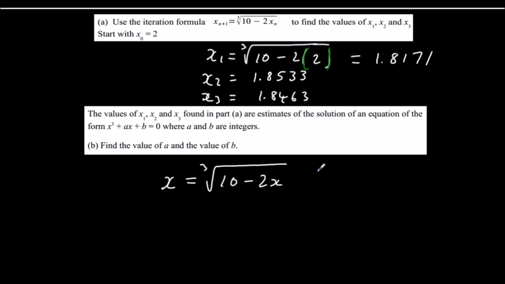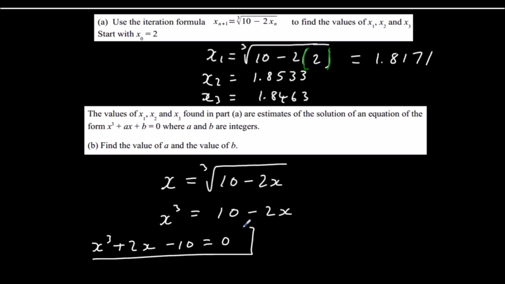Then we can just rearrange it. So to get rid of the cube root, we can cube both sides. x cubed is 10 minus 2x. And then make it equal to 0, so plus 2x and take away 10. So what's a and b? This is the equation. A is 2, and b is negative 10.